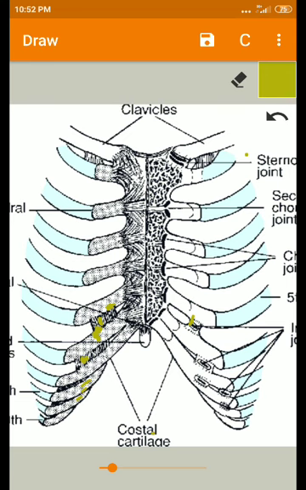Okay, and these interchondral joints are also synovial joints.